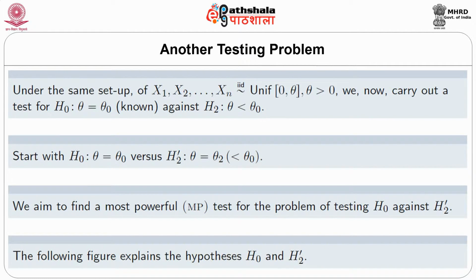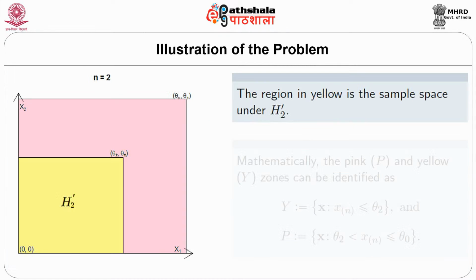So, see this figure. Consider the square in R^2, and here the region in yellow is the sample space under the alternative theta = theta 2, because theta 2 is less than theta naught.